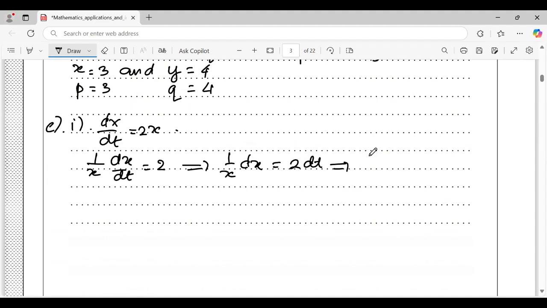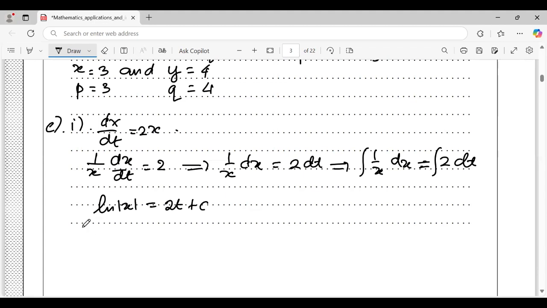Integral of 1 over x dx equals integral of 2 dt. So the integral of 1 over x is ln x. ln x equals 2t plus c. And this is part one.